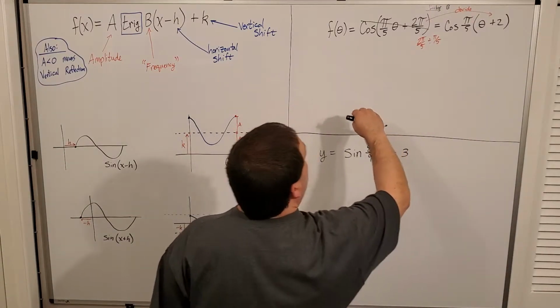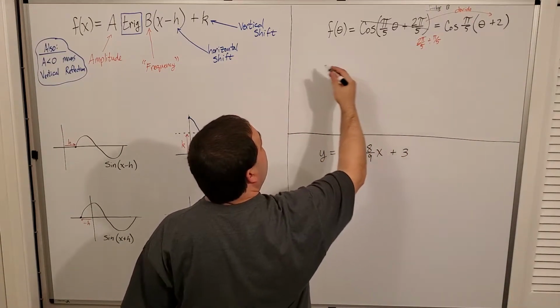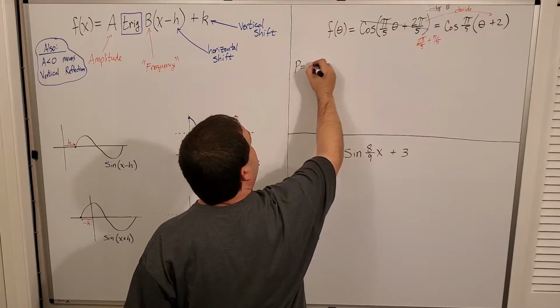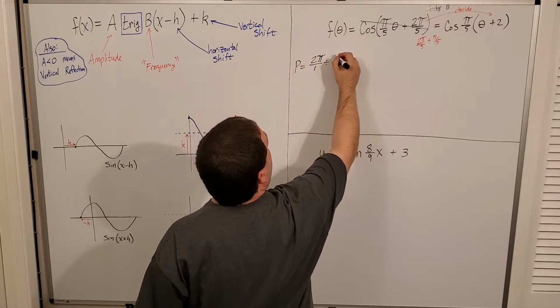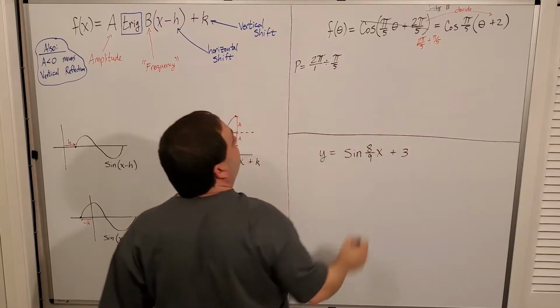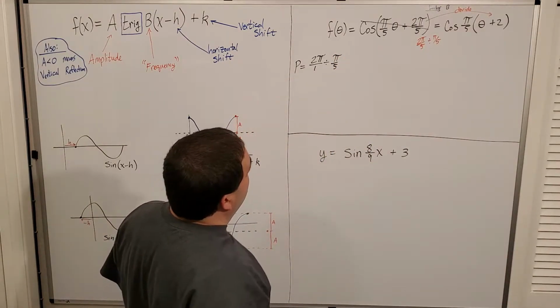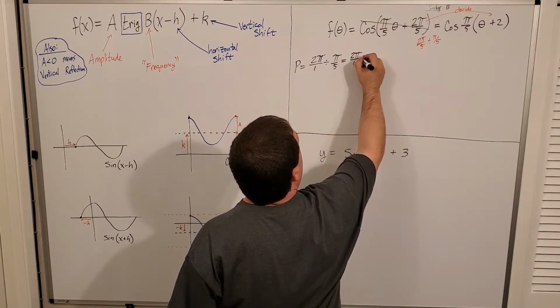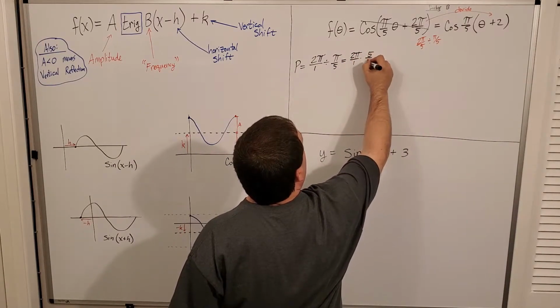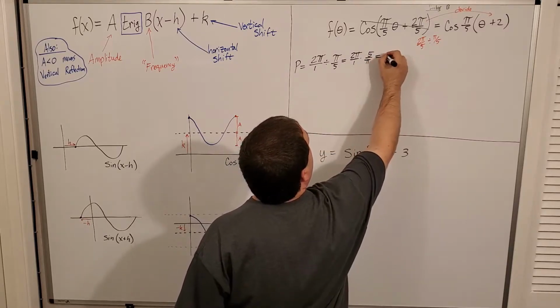Okay, so let's compute the period. Remember, that's always where we start. The period is going to be 2 pi divided by pi over 5. That means it will be 2 pi times 5 over pi, which leaves me with 10.